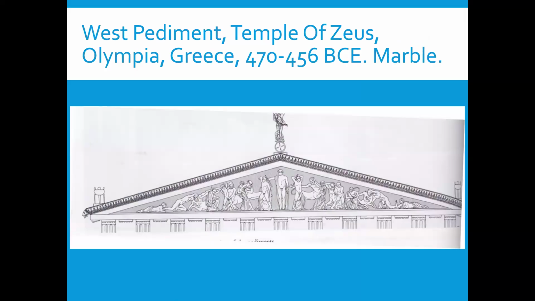So here is a rendering of the west pediment of the Temple of Zeus at Olympia, and we'll take a closer look at what remains of these sculptures. A lot of them have been broken over the years, in large part because of seismic activity.